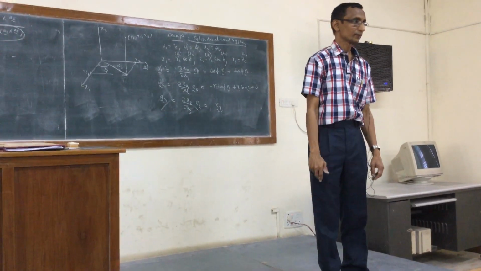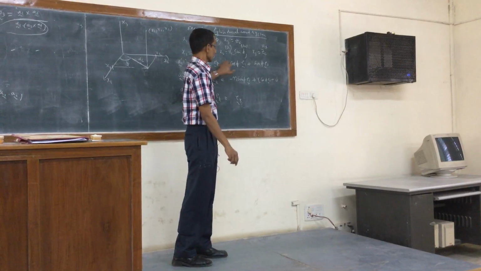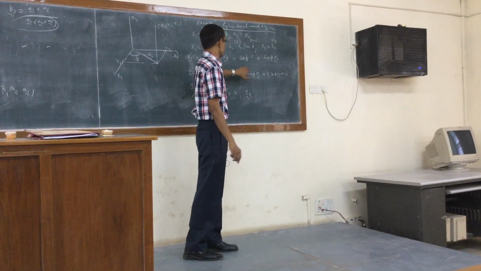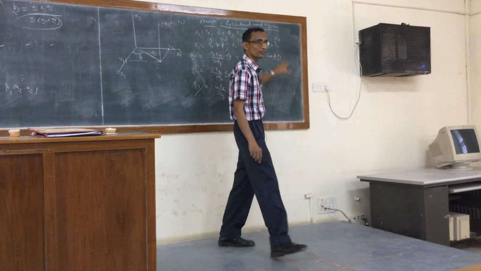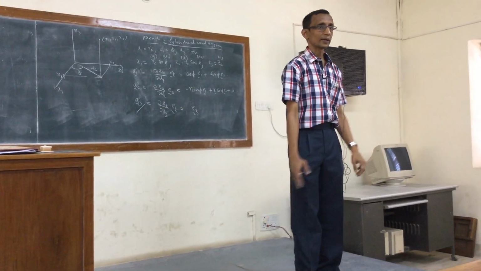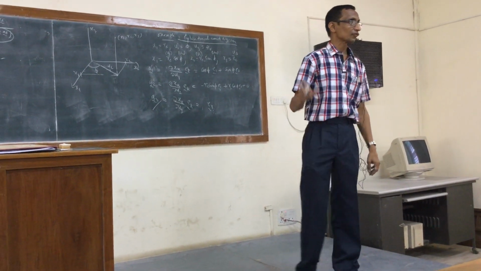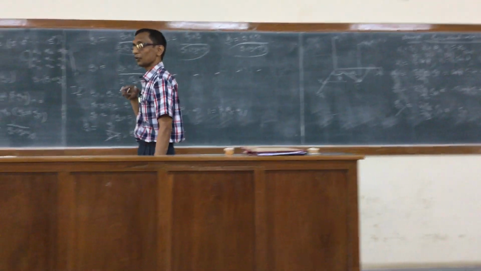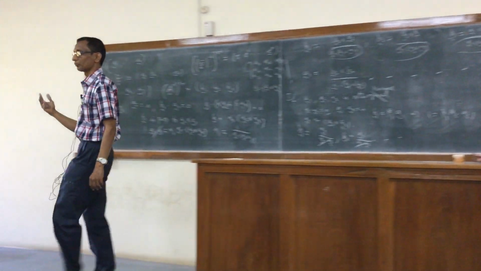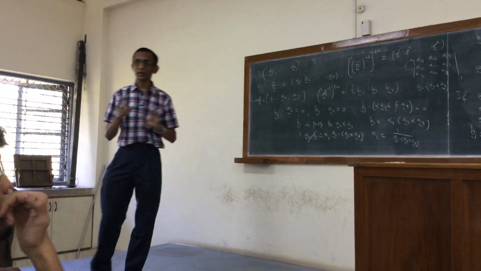That's clear, right? What about A1 dot A2? That is also 0 because it will be minus RC sin phi cos phi plus RC cos phi sin phi, which is 0. So clearly, the basis vectors for the cylindrical coordinate system form an orthogonal set. So even though it's a curvilinear transformation, it is an orthogonal transformation, right?